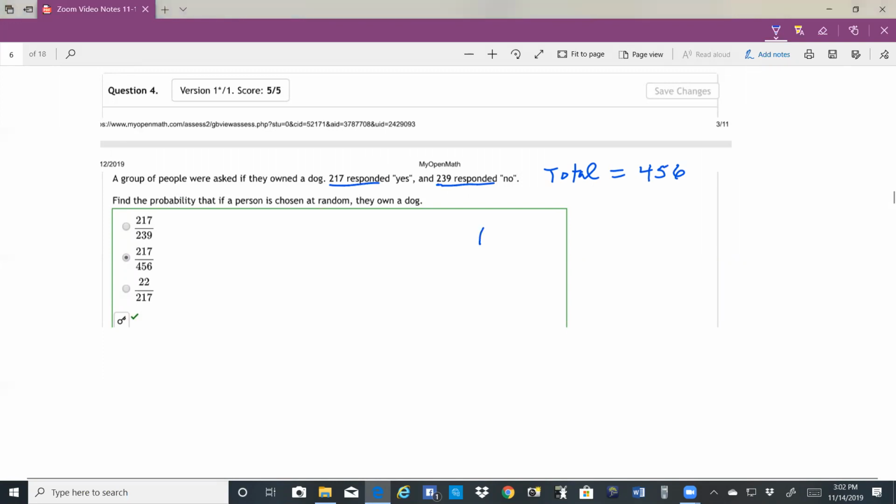So the probability that you own a dog if a person is chosen at random is going to be 217 out of 456. And there is the answer.